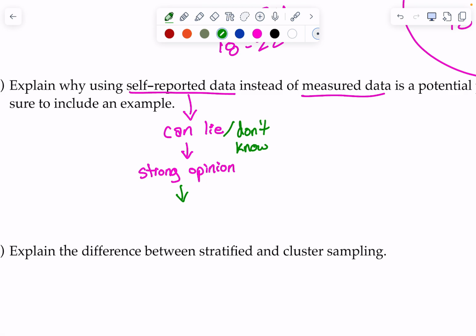It's not going to be exactly. So he doesn't know exactly what he is. He could guess, right? But that goes in the can lie section. Maybe they're not trying to lie. Maybe they just don't know exactly what it is, so they're just going to put a number down, okay? What else? Anything else?